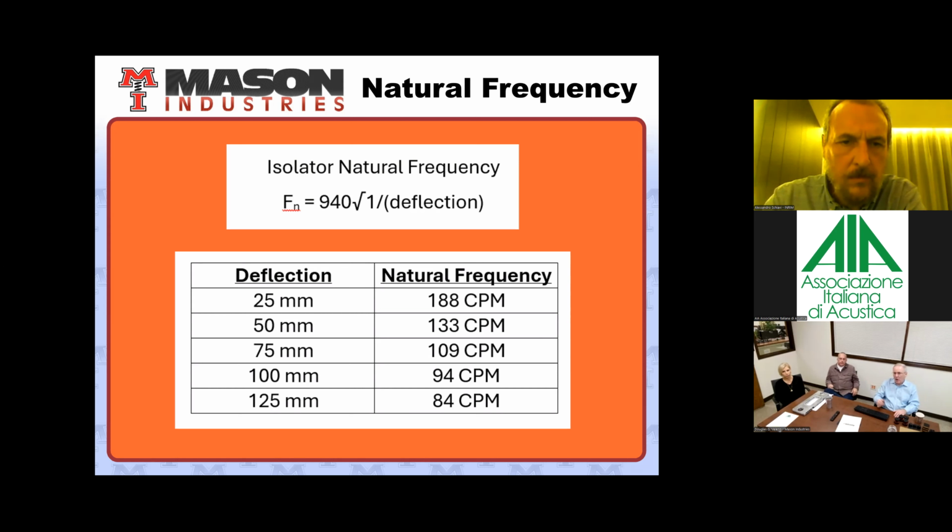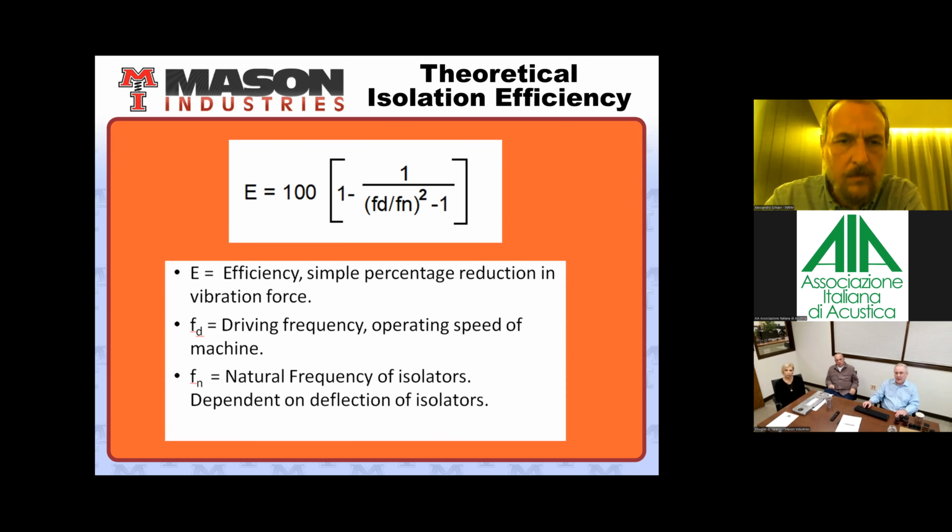If I bring it up to 125 millimeters, that natural frequency drops to 84 cycles per minute. So the more the isolator deflects, my natural frequency drops, that ratio of driving frequency to natural frequency increases, and my efficiency goes up.